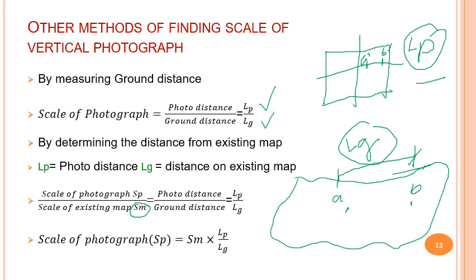So the scale of photograph SP is equal to SM into LP divided by LG, where SM is the scale of the existing map, multiplied by the ratio of LP to LG, and then we get the scale of the photograph.